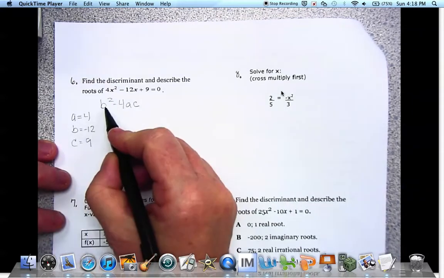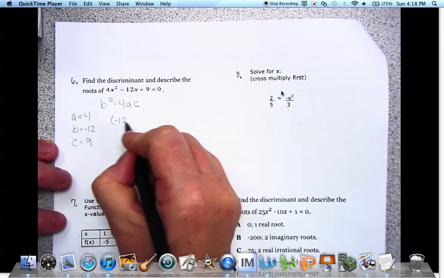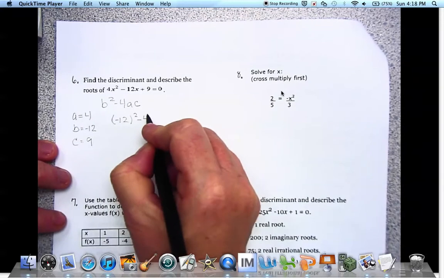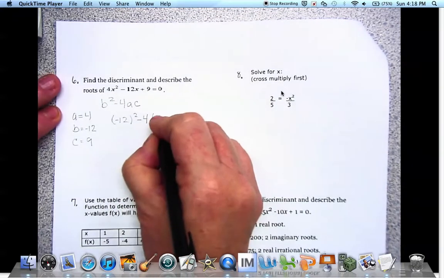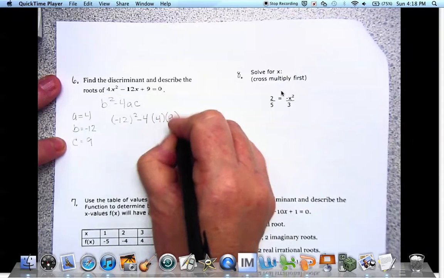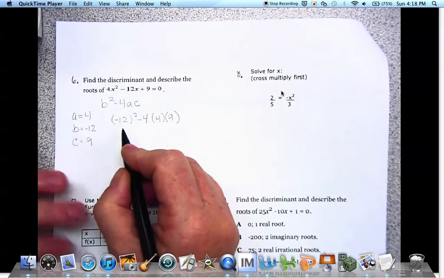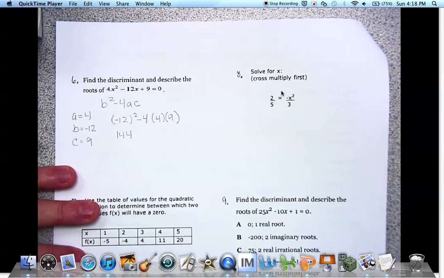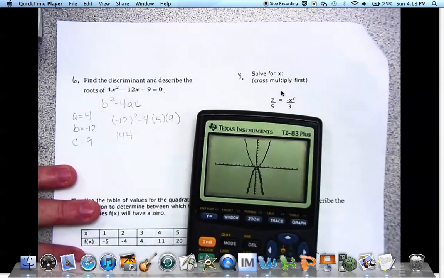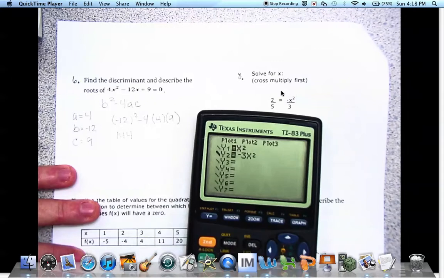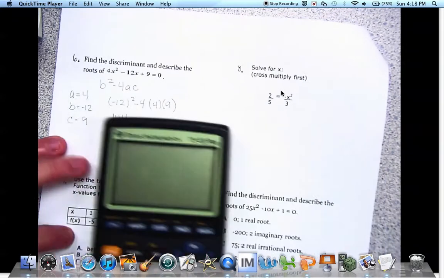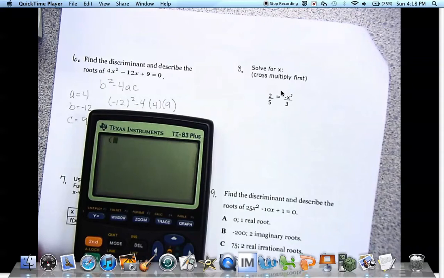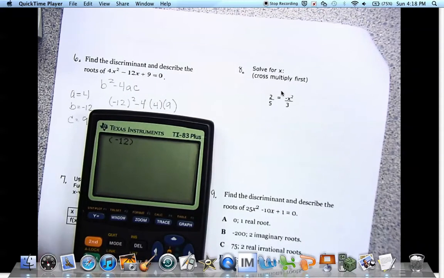So then we'll plug in for b, negative 12 squared minus 4 times a, which is 4, times c, which is 9. So negative 12 squared is 144. Okay, and then I'm just going to go ahead and do the whole thing in my calculator. So parentheses, negative 12 squared.